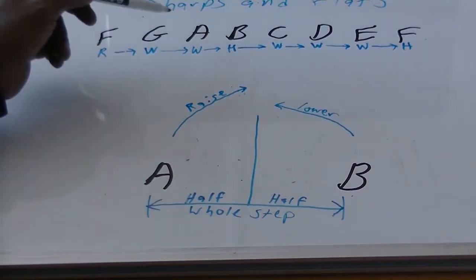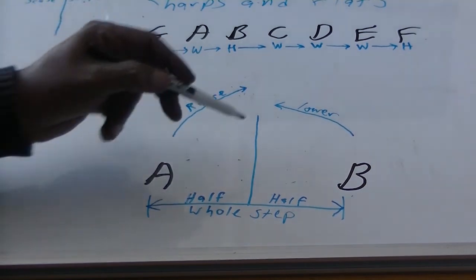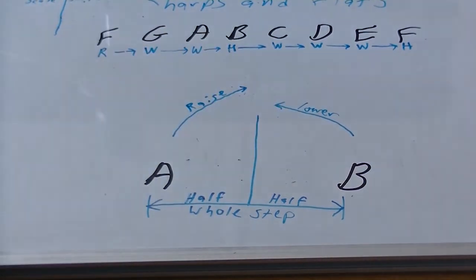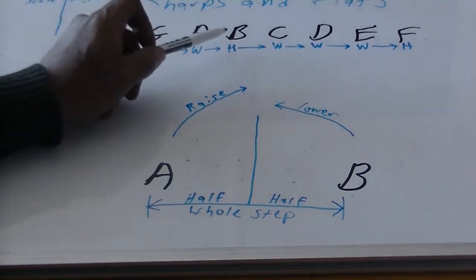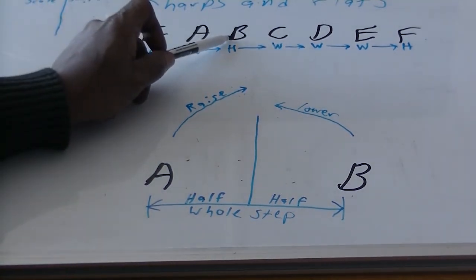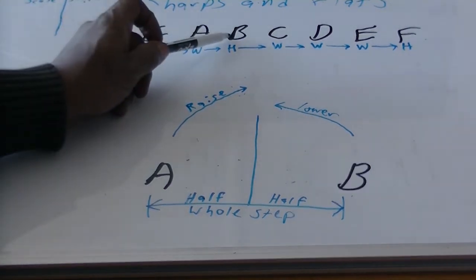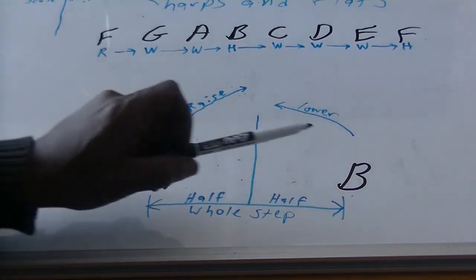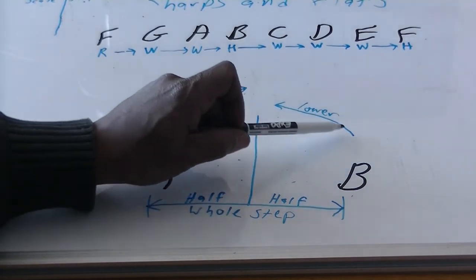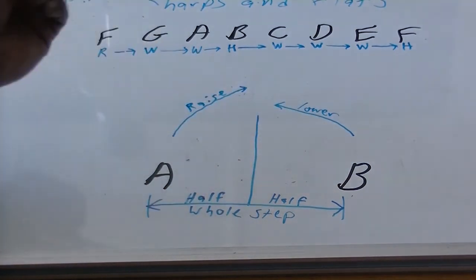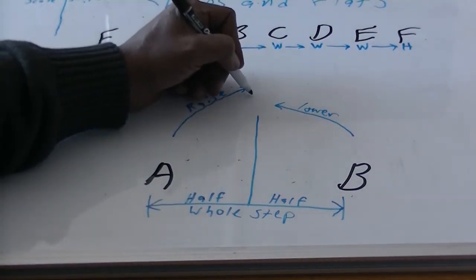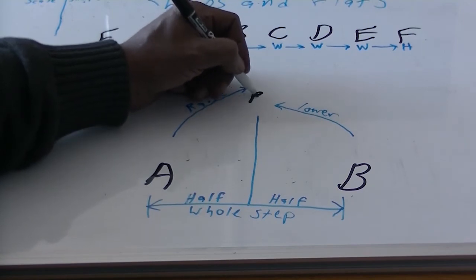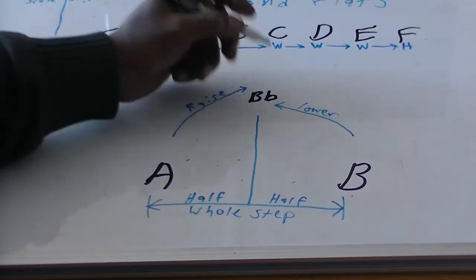So we need to go and find that note that's in between A and B. However, we must reference this note to the B. And in order to do that, we must take the B and lower it by a half step. And when we lower it by a half step, it becomes B flat.